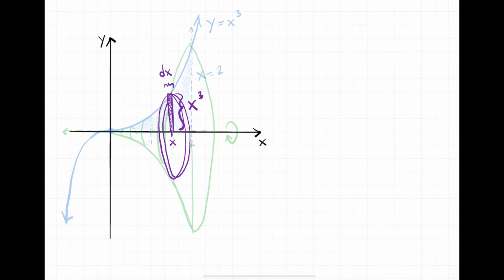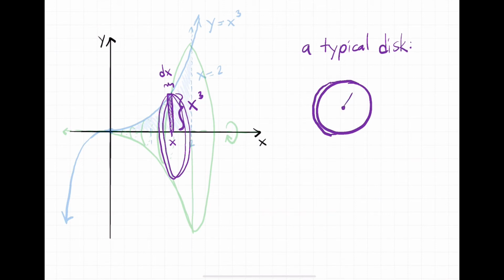Here is a typical disk. A disk at position x. It has a circular cross-section, but it has a certain amount of thickness as well.